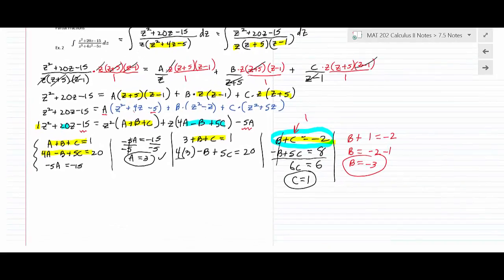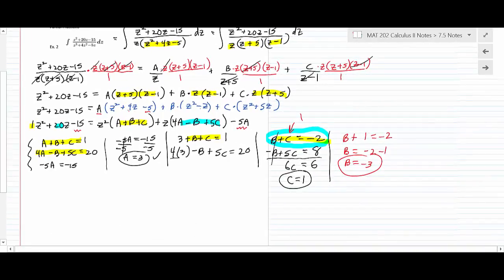Now we're going to go ahead and finish the integral, but I'm also going to show you a little trick on this problem, because you want to be aware of this trick when it shows up. It saves you a little bit of time. So here's basically what we have. If you go back, I'm going to highlight these things in blue. This is the partial fraction decomposition, and that's what our integral is going to become.